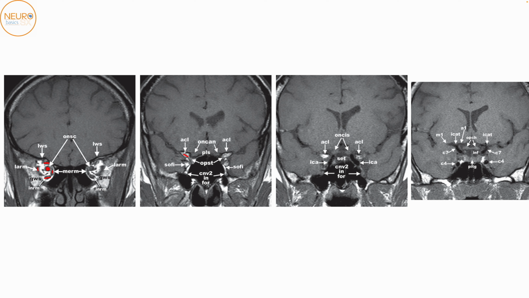This here is the anterior clinoid process, and this here is the superior orbital fissure. This here is the optic strut, which will be the medial boundary of the anterior clinoid process.